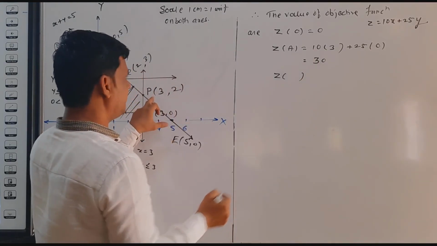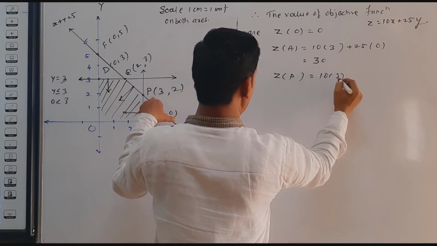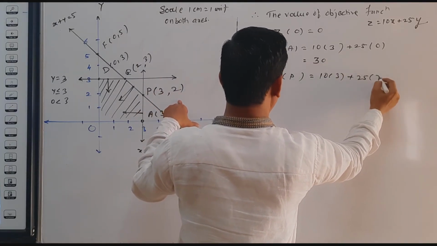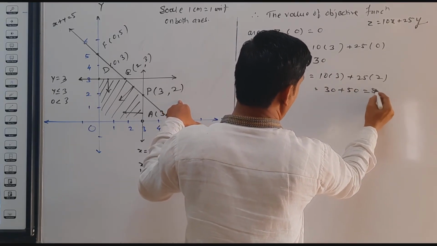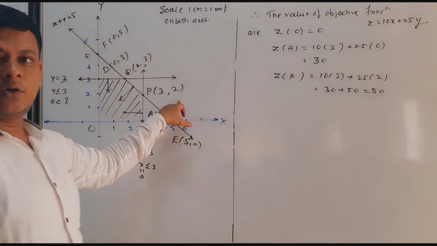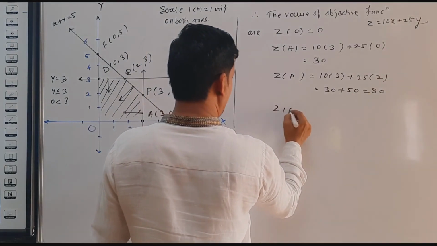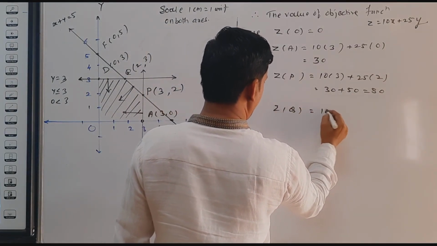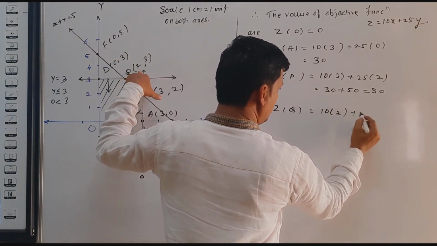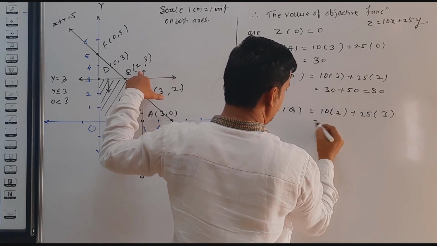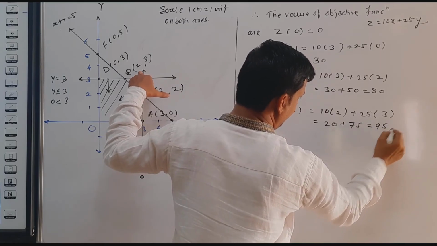Then Z of P. So we have to find the value of Z of P. So we write 10 into 3 plus 25 into 2, which is equal to 30 plus 50, which is equal to 80. Next we find Z of Q, which is 10 into 2 plus 25 into 3, since point Q has coordinate (2, 3). That is 20 plus 75, which is equal to 95.